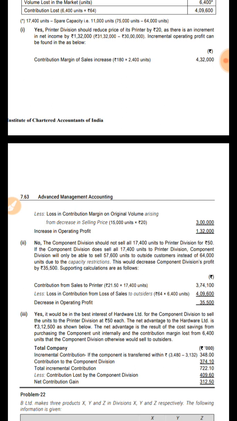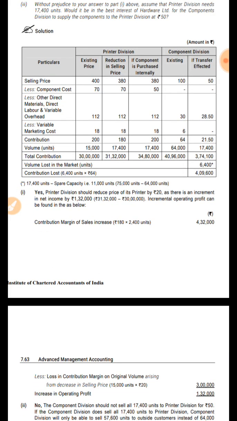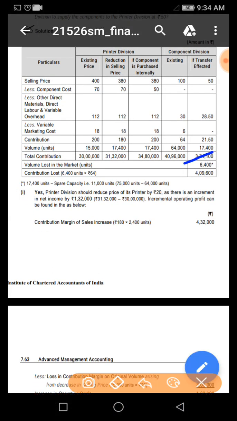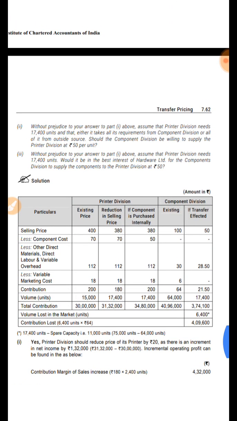Supporting calculations: contribution from sales to the printer division is 17,400 units into 21.50 rupees contribution per unit, so you are getting 3,74,100. And loss of contribution is 6,400 into 64 rupees, 4,09,600. So the decrease in operating profit is 35,500. So that's why the answer is no.